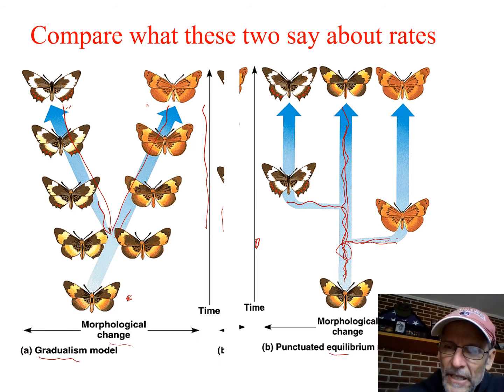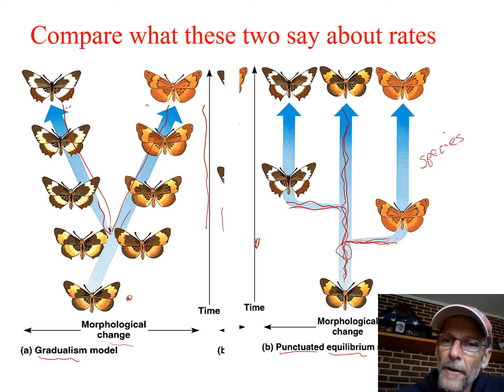Gradualism, there is an equilibrium. But every now and then, that equilibrium is punctuated by rapid periods of change. And that change is going to be measured in speciation rate. How fast are new species evolving?